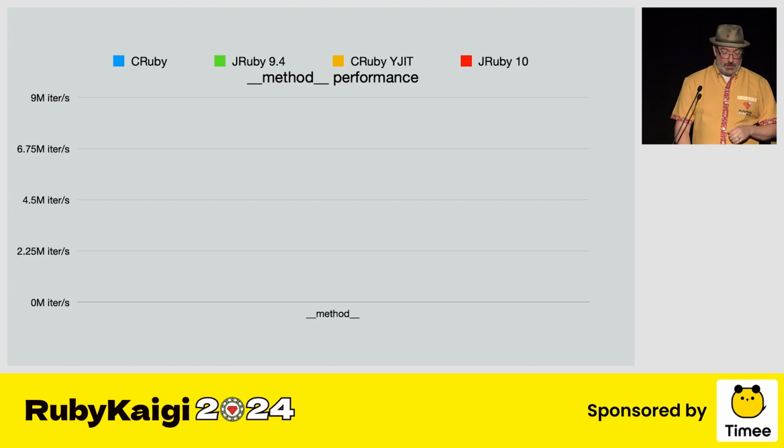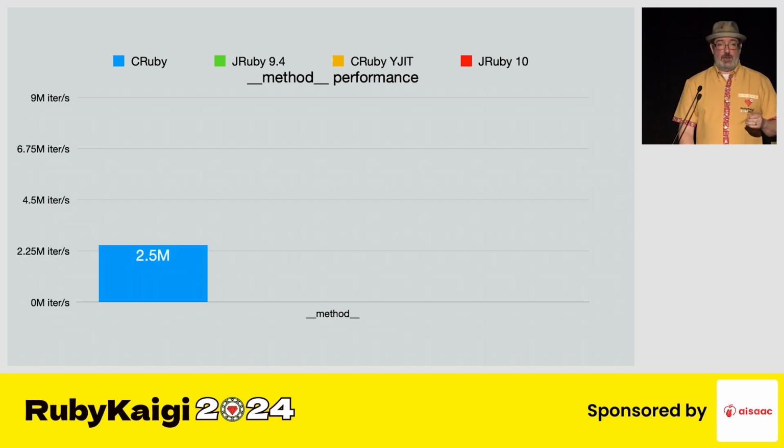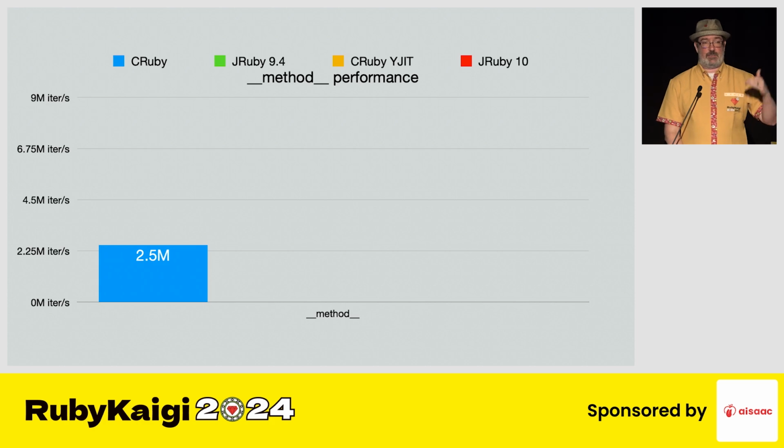So let's take a look at an example benchmark of doing the __method__ call. So this is JRuby 9.4, JRuby with YJIT. These are both based on current JRuby master, so pretty much preview 1. And then I'll show JRuby 10 in a minute as well. So we start out, JRuby gets 2.5 million iterations just calling the method over and over again.